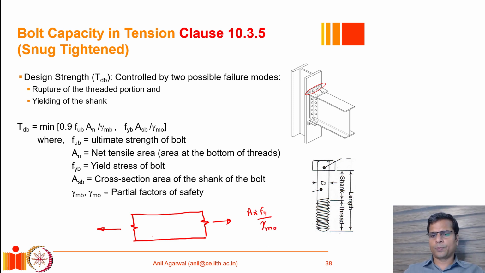Right? So area was the cross section area, Fy was the yield stress of the plate, and gamma m0 was the factor of safety for yielding, which had a value of 1.1.